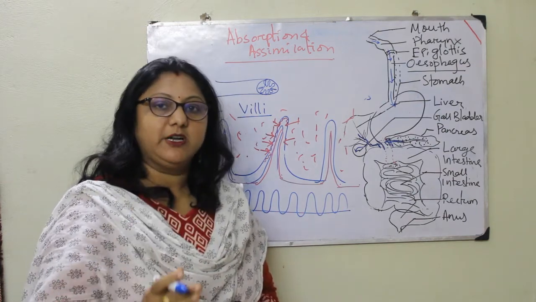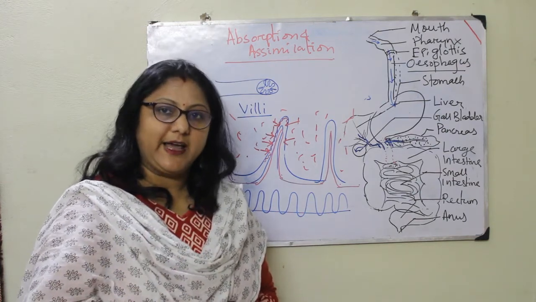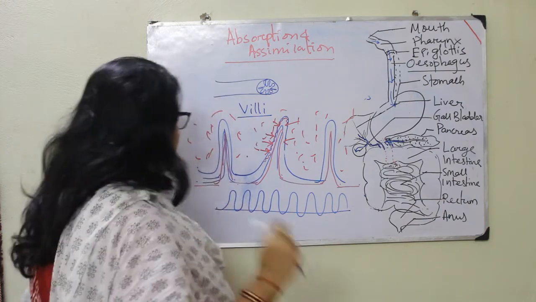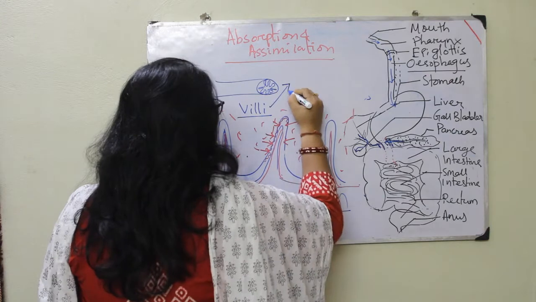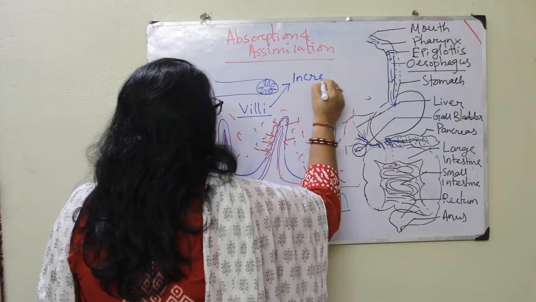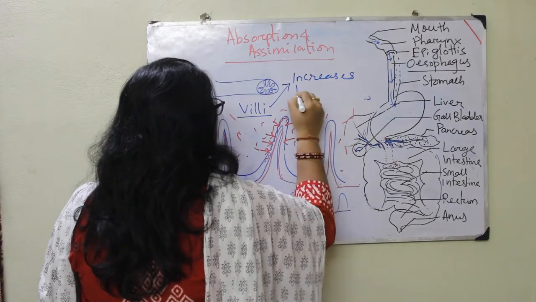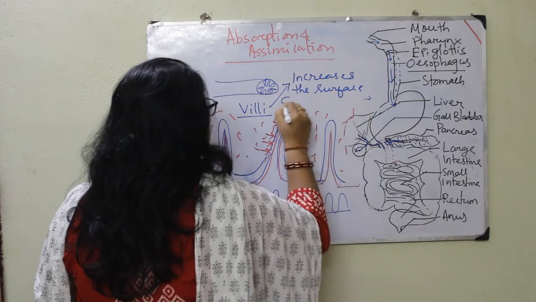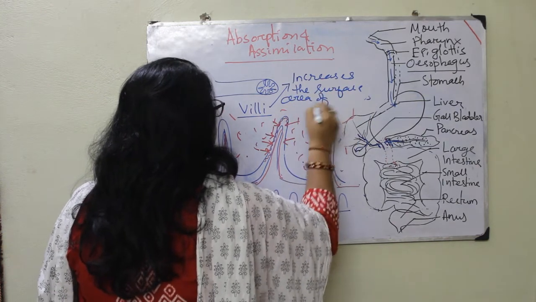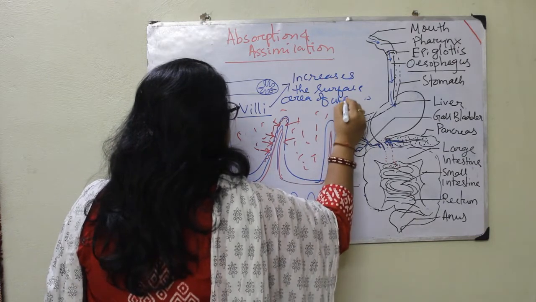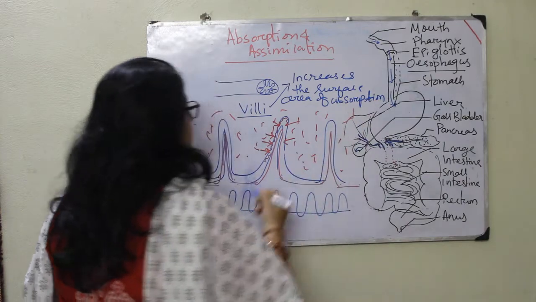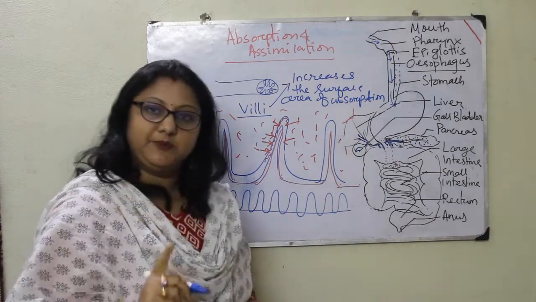So this is the role played by the villi. The villi increase the surface area of absorption. Okay, the surface area of absorption.